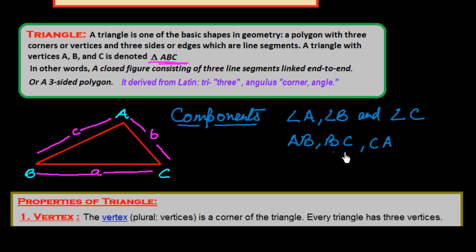These are the line segments, where AB is c, BC is a and CA is b. So in this way we could classify the triangle.